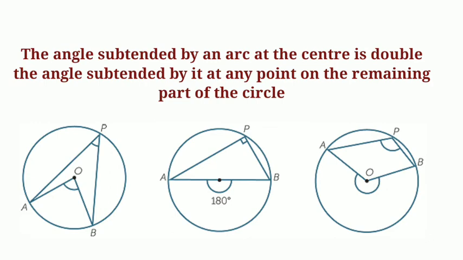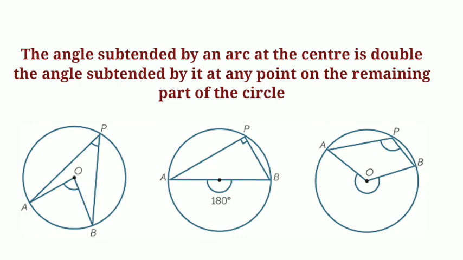Here in the first figure, AB is the small arc or minor arc, and that arc makes an angle at the center, that is angle AOB, which is double the angle subtended by it at any point on the remaining part of the circle. That means the remaining part, APB.